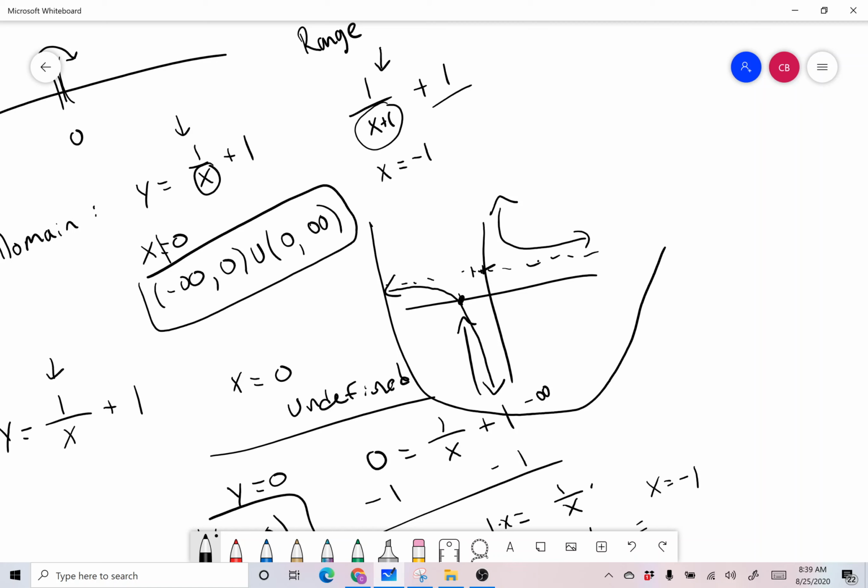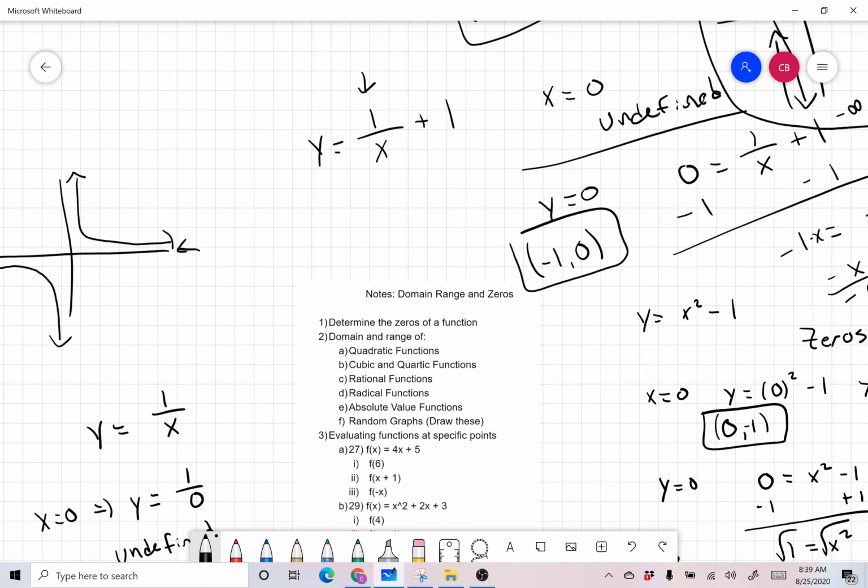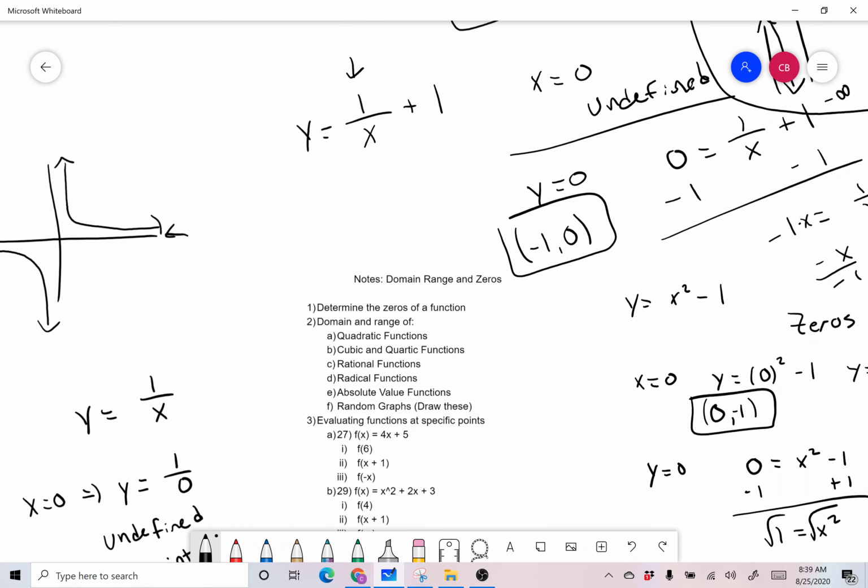It doesn't have any values at that 1, but it has values right above it and right below it. And then it jumps over it over here, and it comes up to +infinity, which is up here. Okay, so left to right when you're looking at domain, top to bottom when you're looking at range. And so that is an example of a rational function.